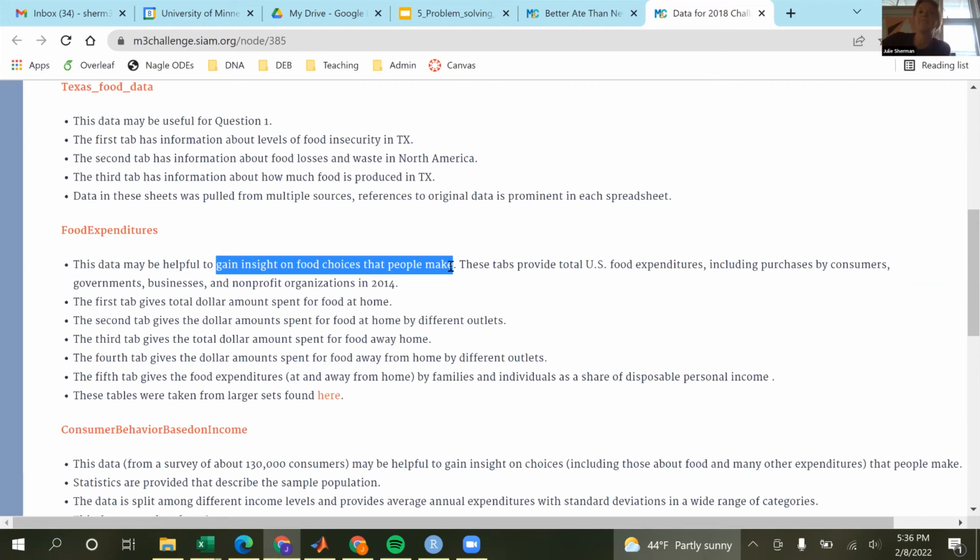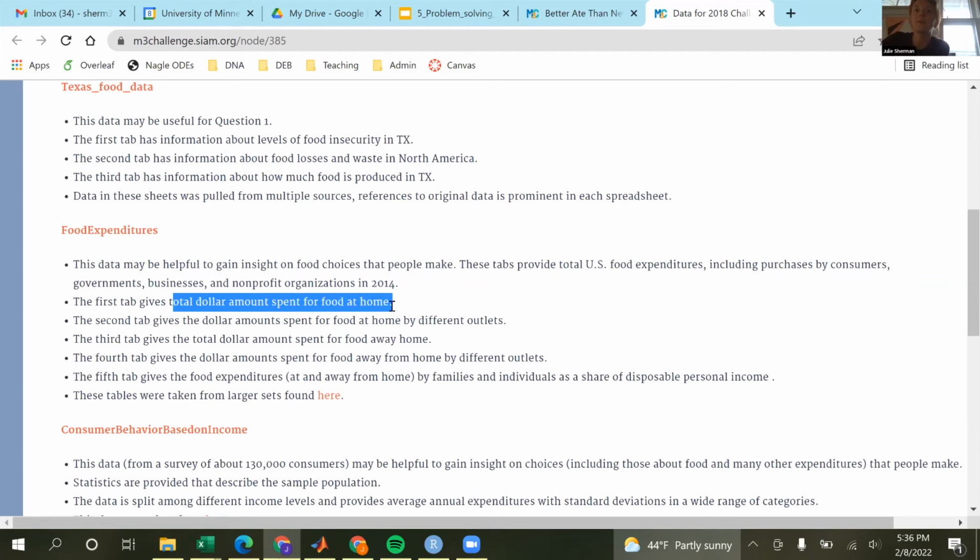So we have in the first tab the total dollar amount of food spent at home. And then we look at the food spent at home by different outlets. So we break it down from that first tab. Then in the third tab we look at food spent away from home, and then away from home by different outlets.